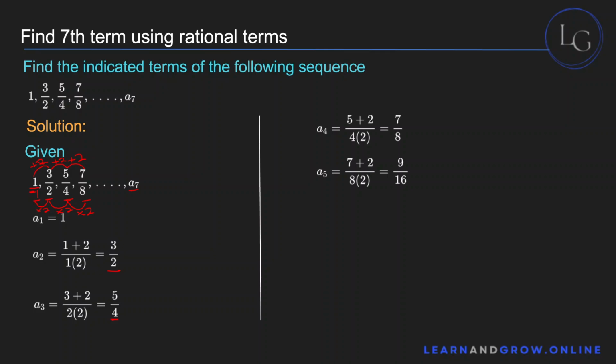And so we'll go to A5 with the same thing. We'll get 9 by 16. A6 will be 11 by 32. And for A7, 11 plus 2, and in the denominator 32 multiplied by 2. So 11 plus 2 is 13, and 32 into 2 is 64. And so that's the seventh term in the sequence.